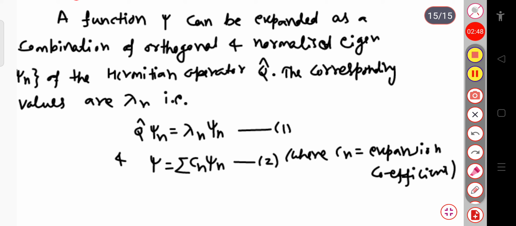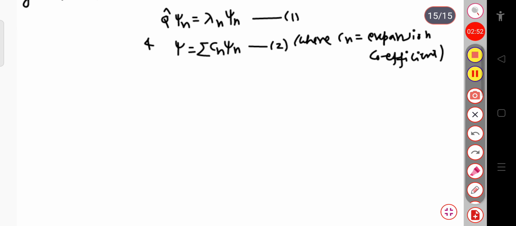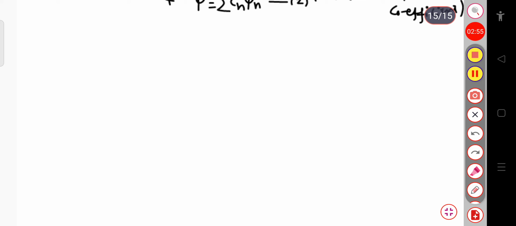Now first of all we will evaluate the Cn. So let us write the evaluation of Cn, that is the expansion coefficient.